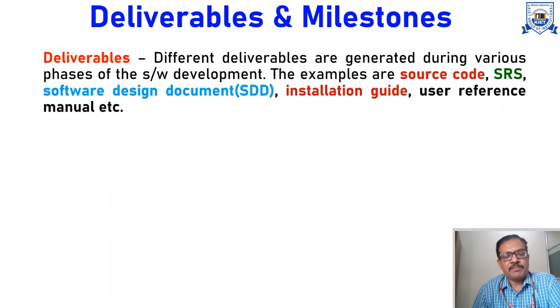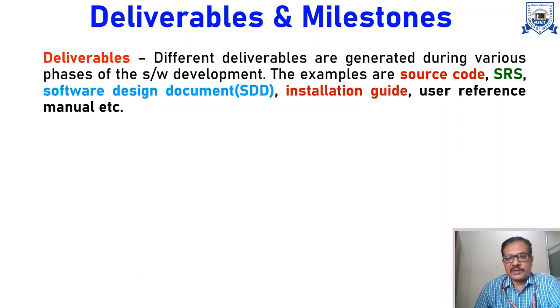Now we'll see the concept of deliverables and milestones. Deliverables are basically the outputs that are generated during various phases of software development, such as the source code that we get after the coding phase is over.